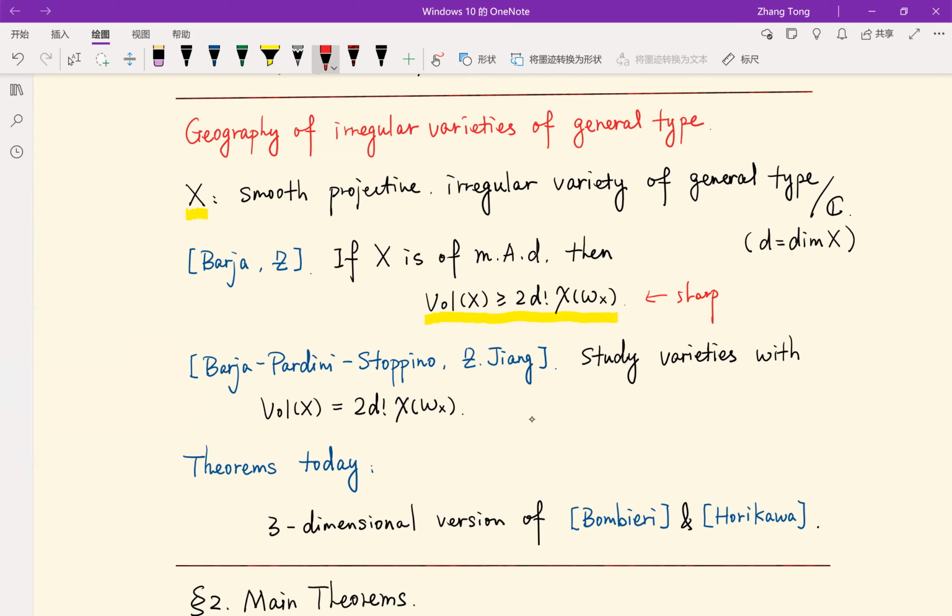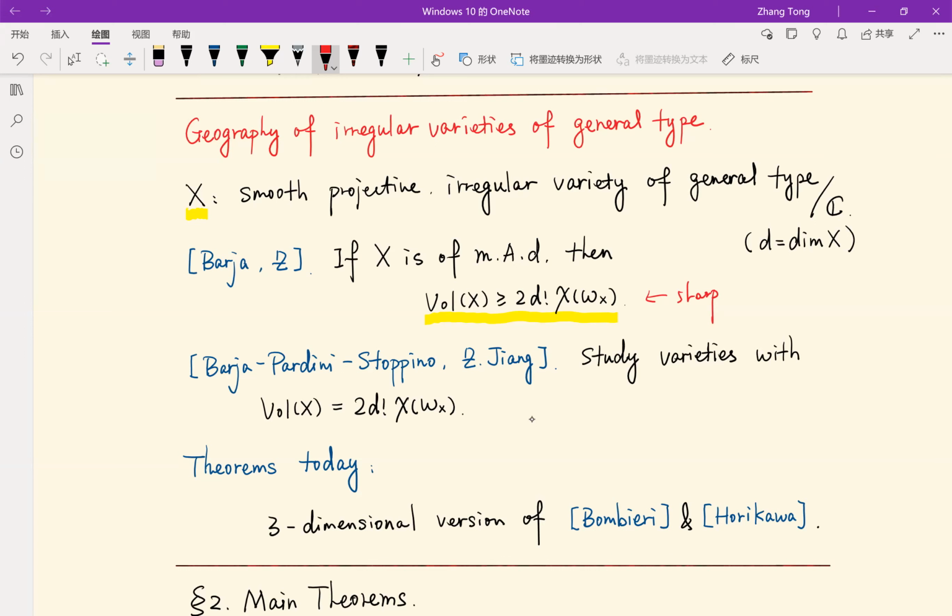You can just consider a double cover over an abelian variety branched along a smooth, very ample divisor, and then you can calculate this example. But in this higher dimensional case, to fully understand the extremal case is not so easy.